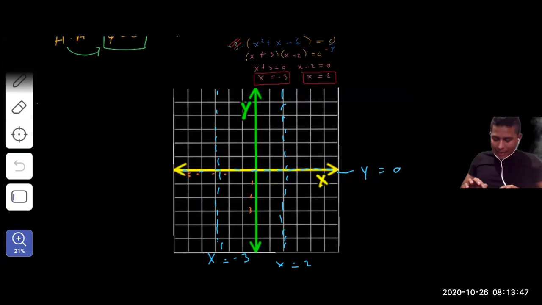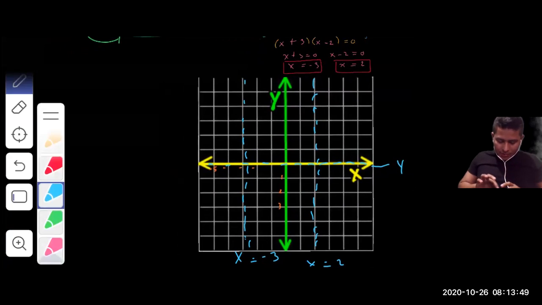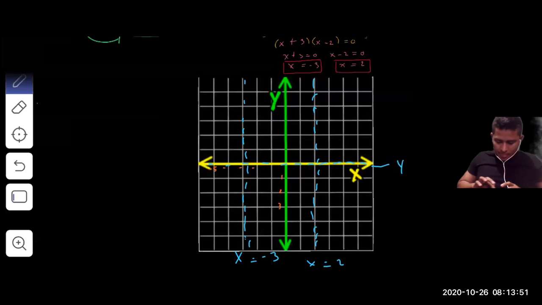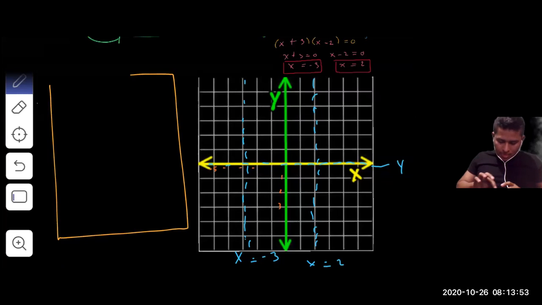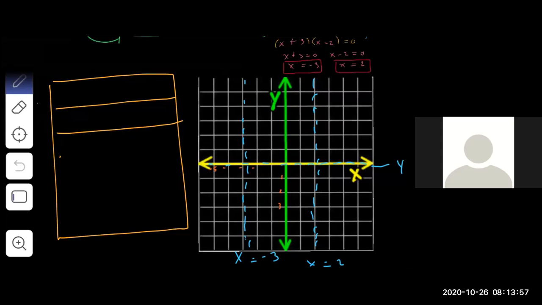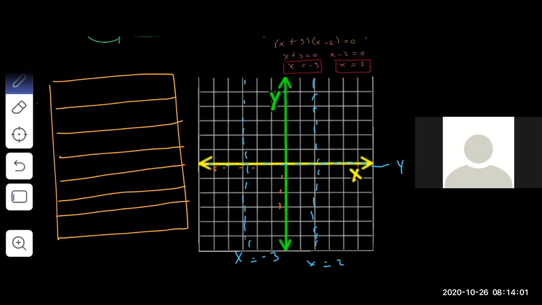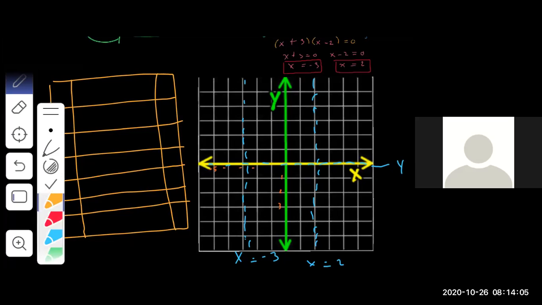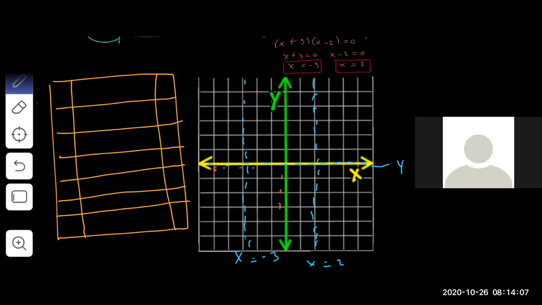Okay, let us make a table. I'm gonna make my table here. Let's take some values. X, Y, and my function, guys.